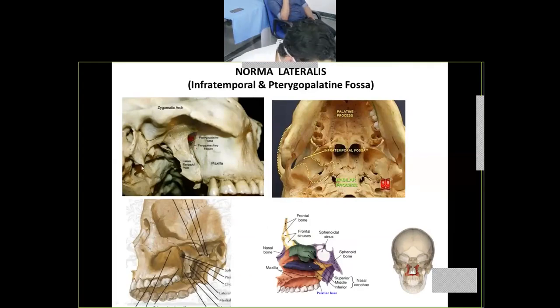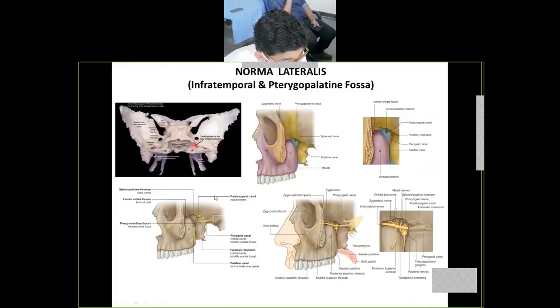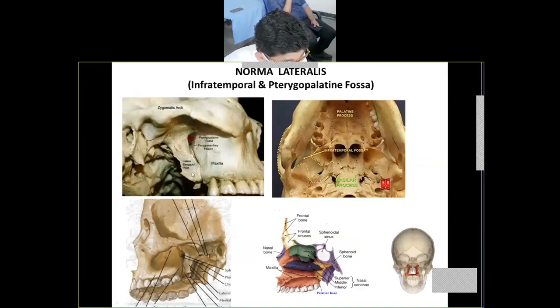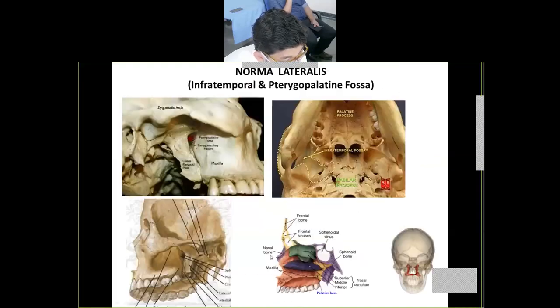This is the styloid process in the posterior aspect. What else? Medially, the lateral pterygoid. You can see the lateral pterygoid lying medially. Then laterally, the ramus of the mandible and the coronoid process.